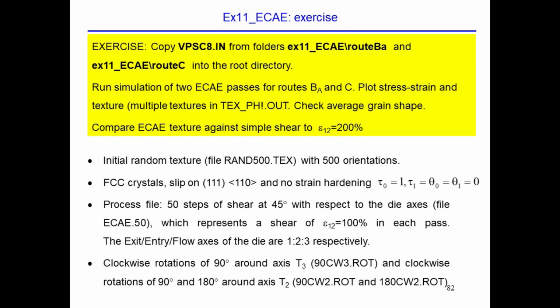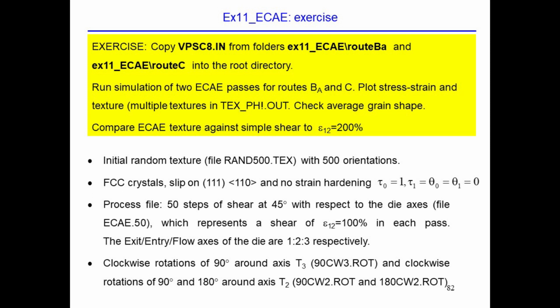So what I'm going to be asking you is to run one of these cases, run the case C, because we have run the case C. So go to example 11, DKE, route C, copy VPSC8 into the root directory, and then run the simulation, and then the simulation will have 500 orientations, slip systems 111, 110, no strain hardening. You're doing 50 steps of shear at 45 degrees, which represents a shear of 100% in each pass.